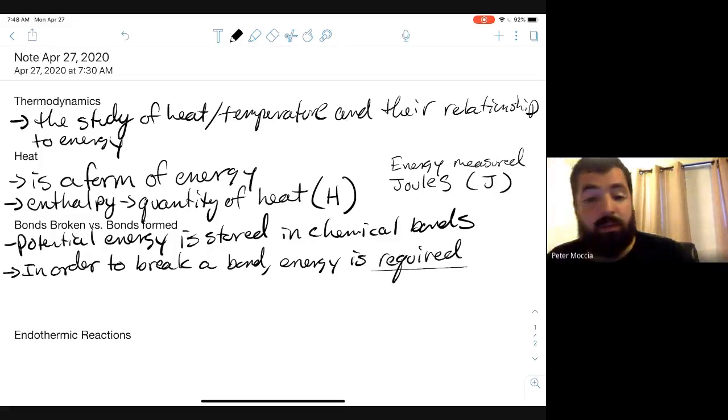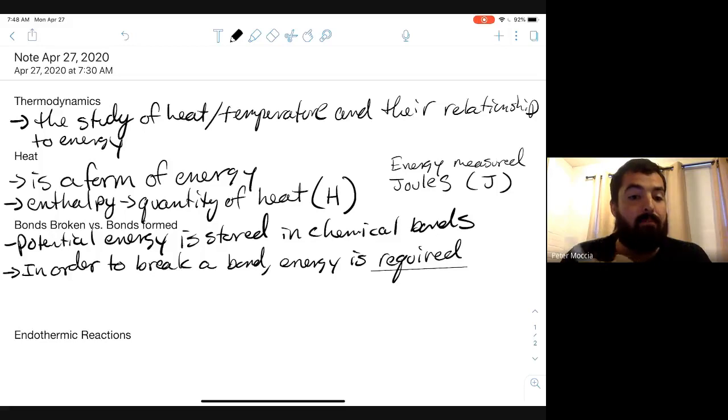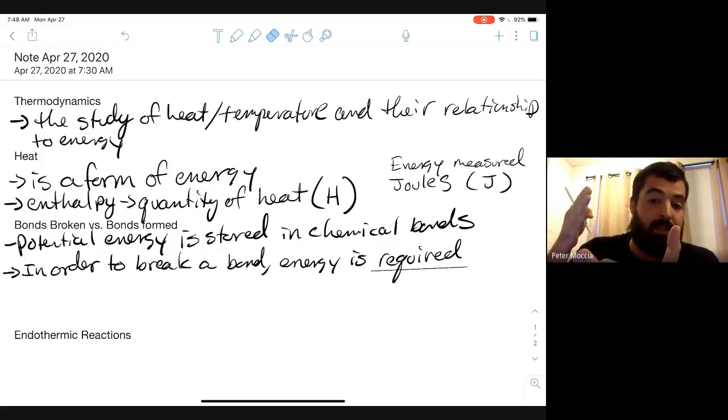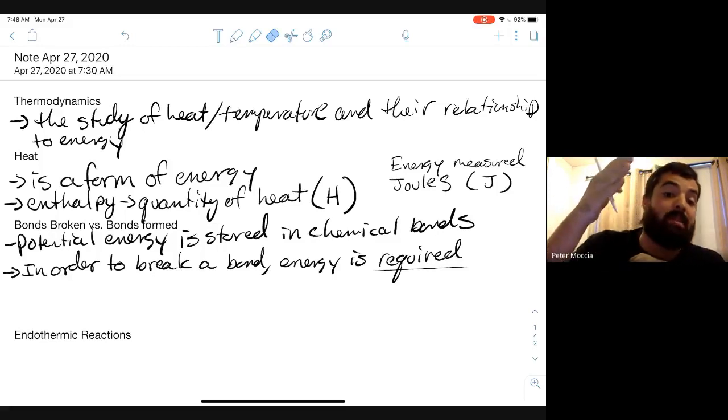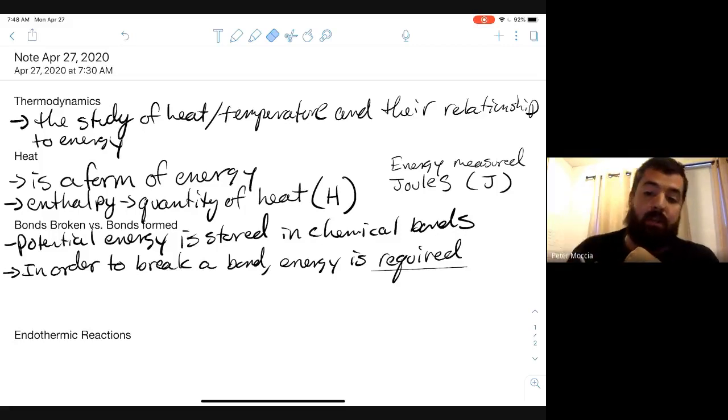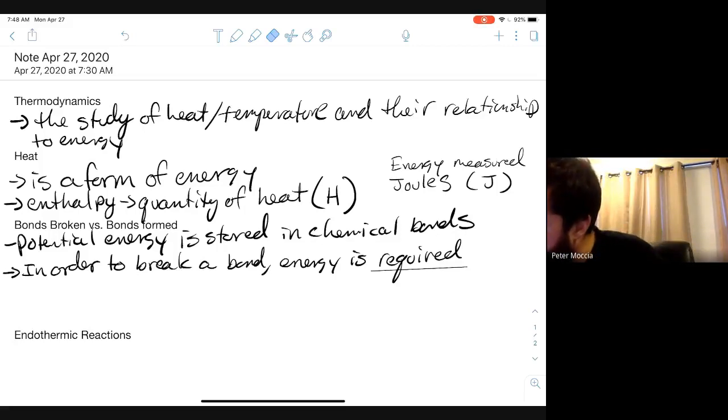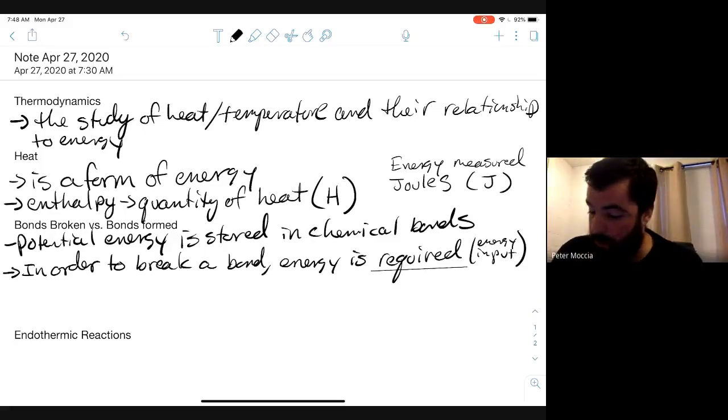It's going to take energy in order to break a bond. There is going to be some sort of input of energy. So an energy input is going to be required to break a bond.